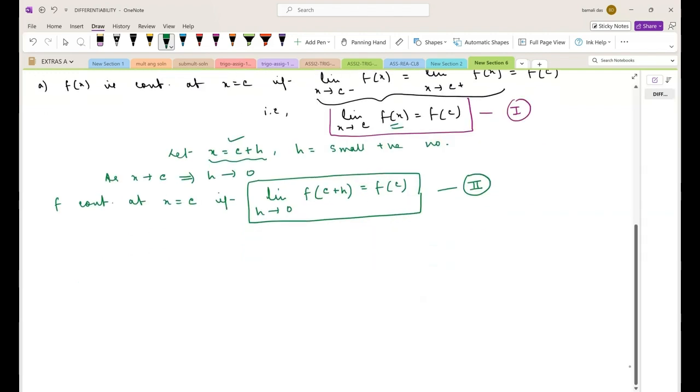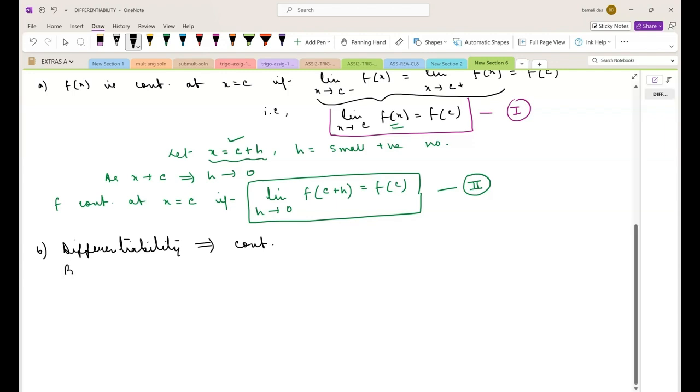Now, what is the relationship between continuity and differentiability? Differentiability is a much, much stronger condition than continuity. What I mean is, differentiability always implies continuity. That is, if a function is differentiable, it will be continuous.